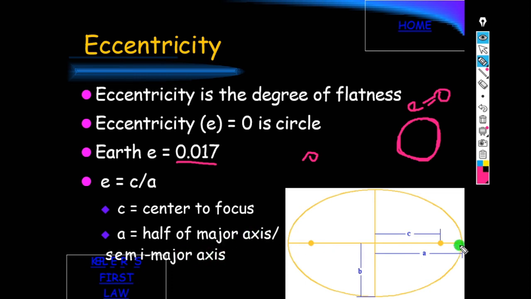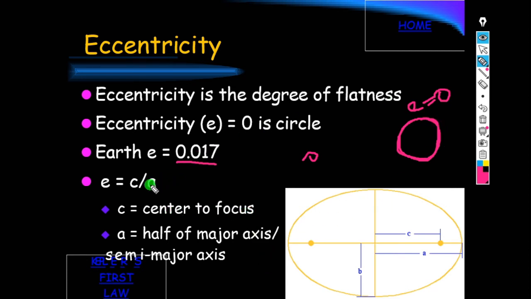Suppose the length of this major axis is, let us say, 10 meters. Then half of the major axis is 5. So A is the semi-major axis, and C is the distance from the center to the focus point. So this is how.